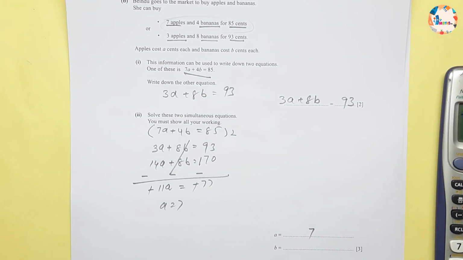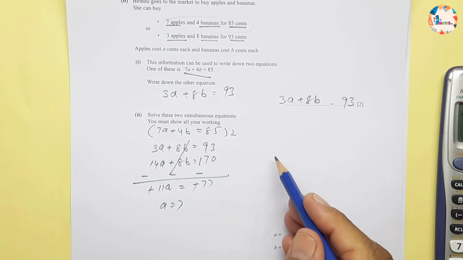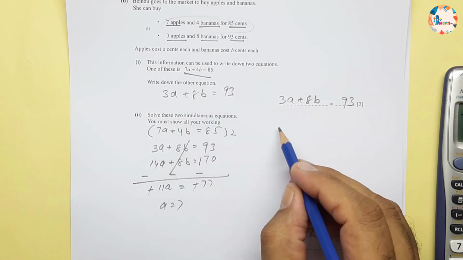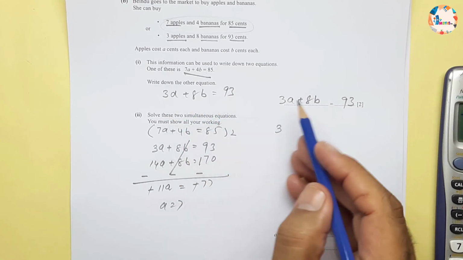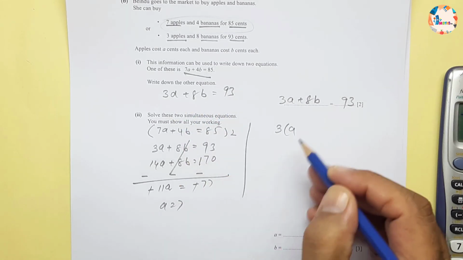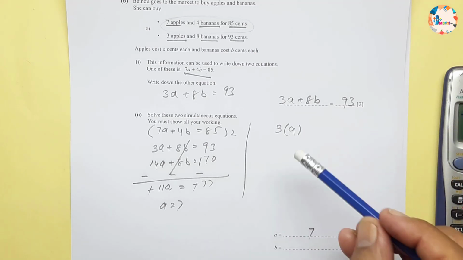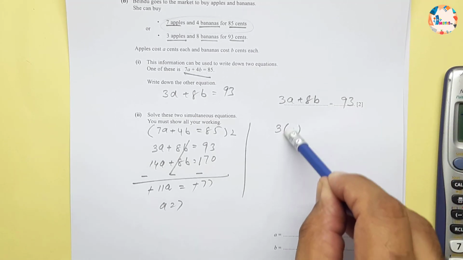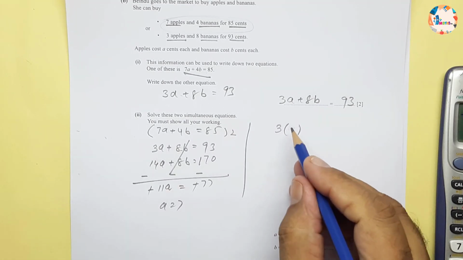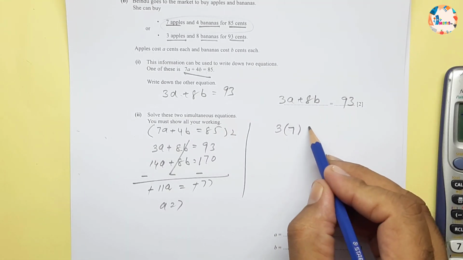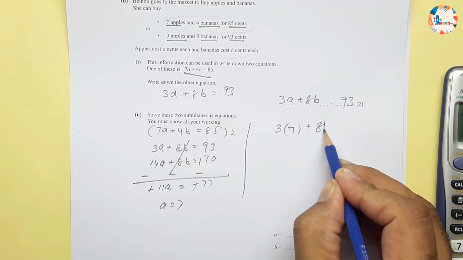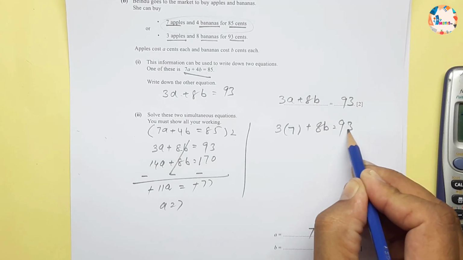Now we can find b value by replacing a value in any of these two original equations. So I will replace in this one, 3 into a, which is the value of a, 7. So we can replace 3 into 7 plus 8b, which is equal to 93.